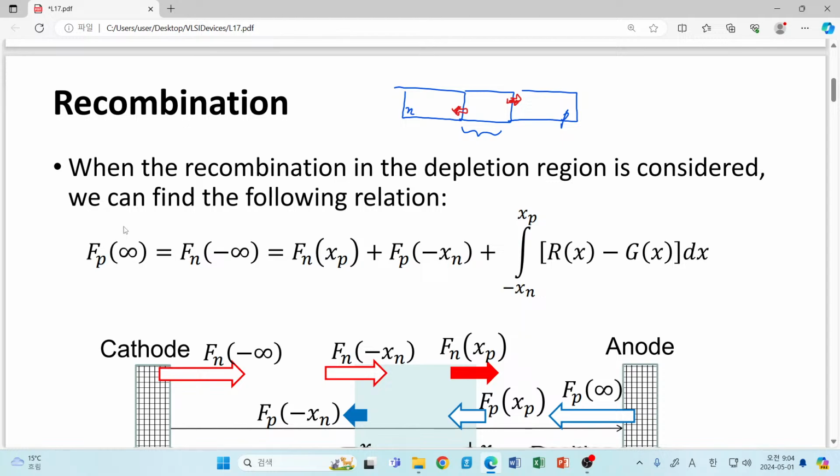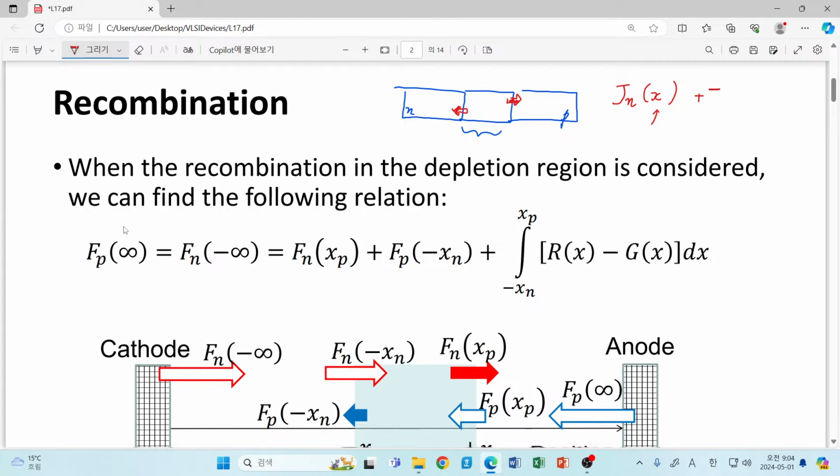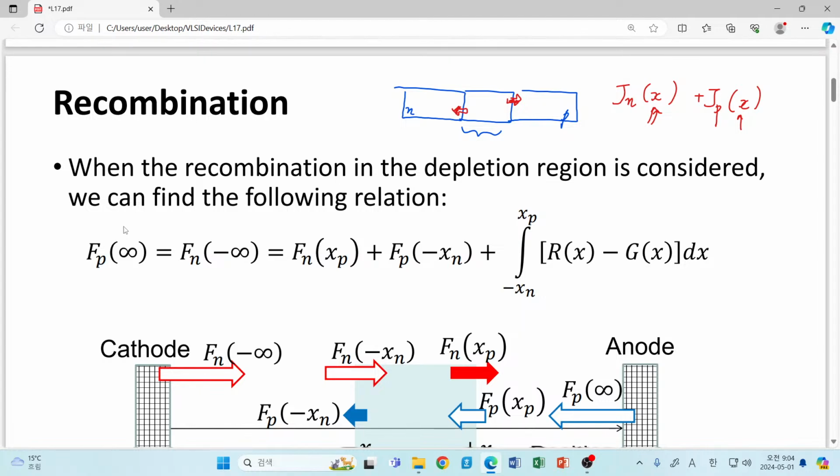However, in order to calculate the total current density, we must calculate Jn evaluated at a certain position and Jp evaluated at the same position. These two x values should be the same.